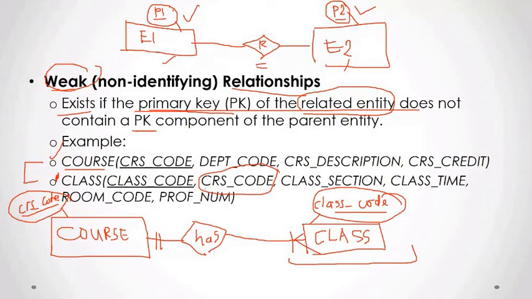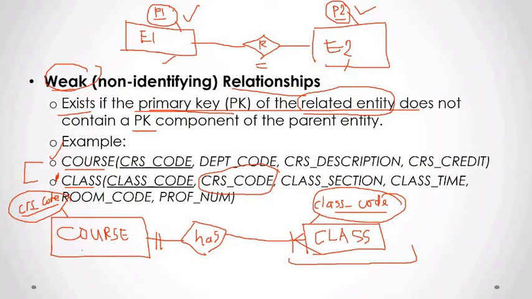And you will notice also that this attribute is not underlined. Now, since course code is not underlined, that means course code is not part of the primary key of this relation class. Now, since this is the primary key of the parent and it is not included in the primary key here, then we call this relationship weak.